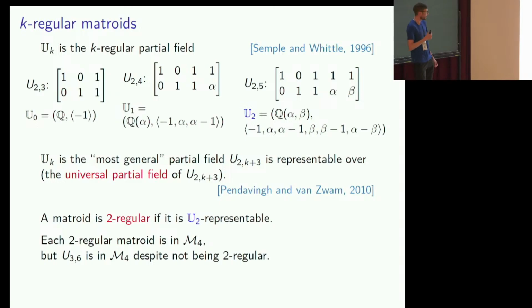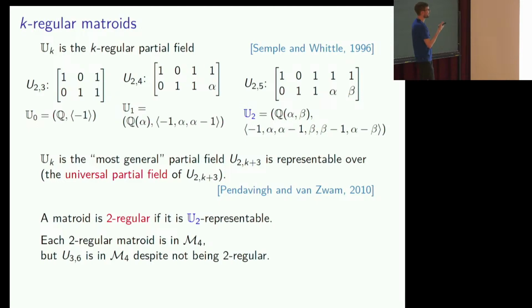And so a way you can think about this, here I've got some representations of rank 2 uniform matroids up the top here, where our alpha or alpha and beta are representing some element that's not 0 and not 1.